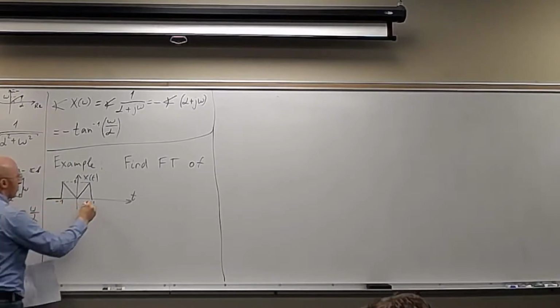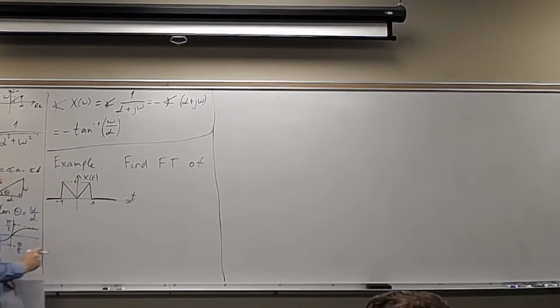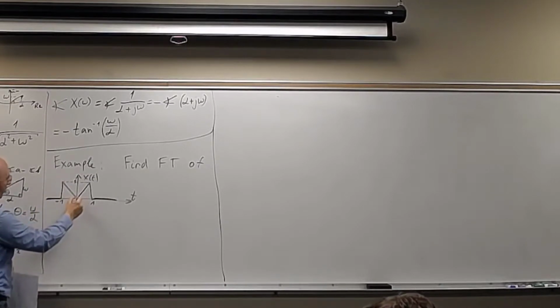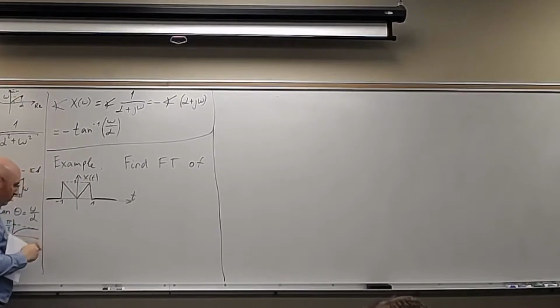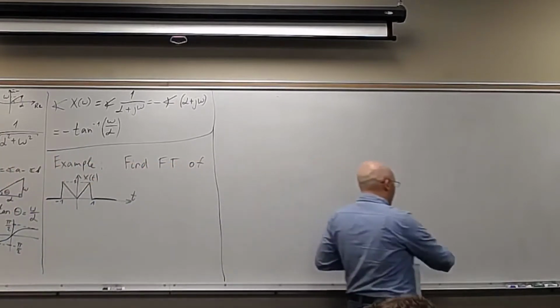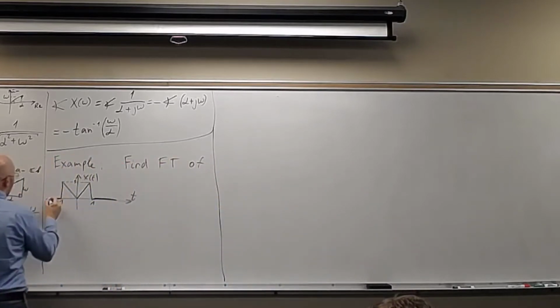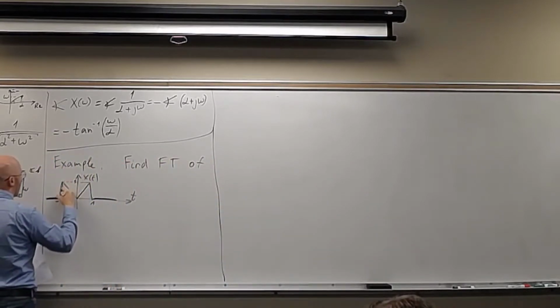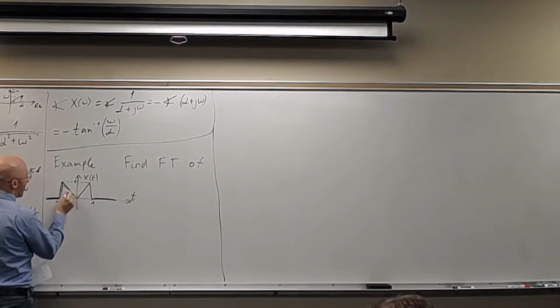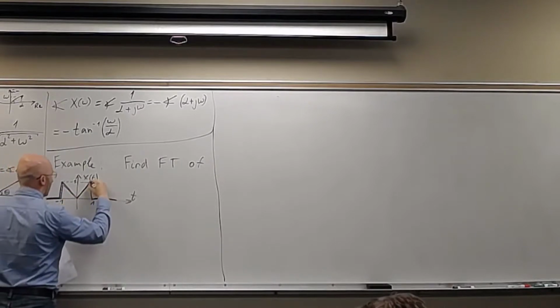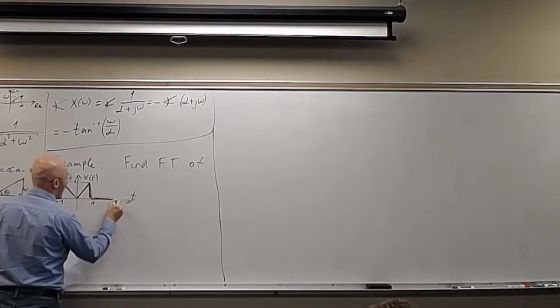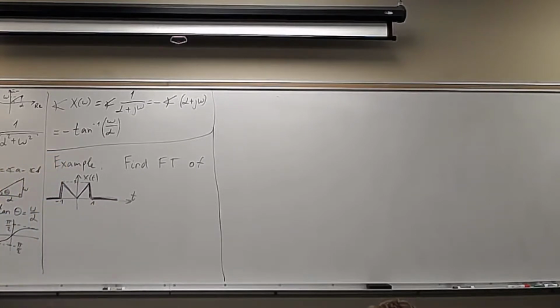It starts with 0 and ends with 0. Between -1 and 1, it goes that way, and then that way. Maybe we can use color here to emphasize the actual function.